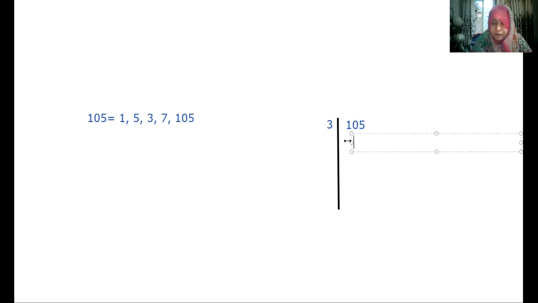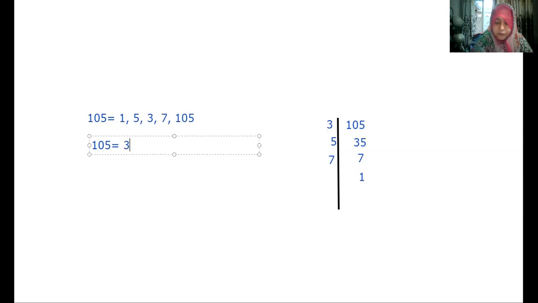So we got 35. Now 35 is divisible by, yes, 5. And we get 7. And then 7 on this side. And we got 1. So you can see that's how it is divisible. What are the prime factors we got of 105? We can write them as a product: 105 equals 3 times 5 times 7.